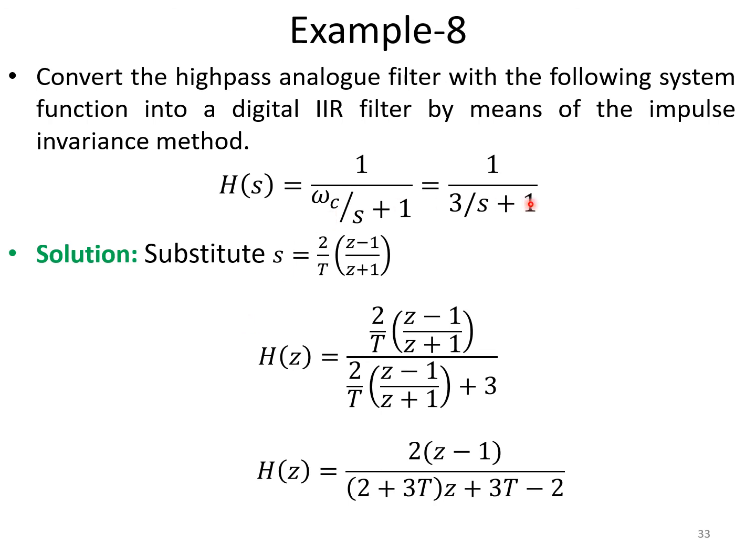So this transfer function is an analog transfer function representing a high pass filter having cutoff frequency 3 radian per second, and in this we substitute the bilinear approximation. After substitution and simplification you will get this transfer function H(z) equal to 2(z minus 1) upon (2 plus 3T)z plus (3T minus 2).